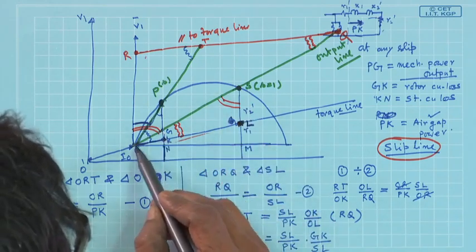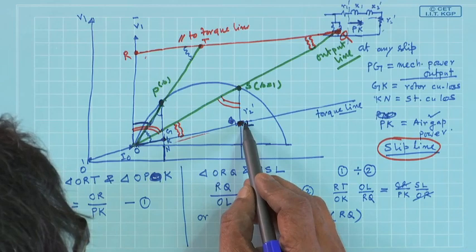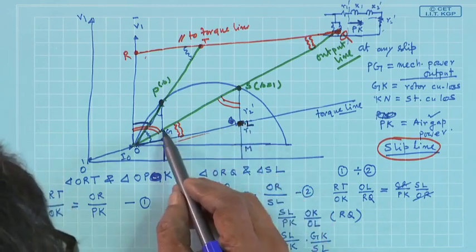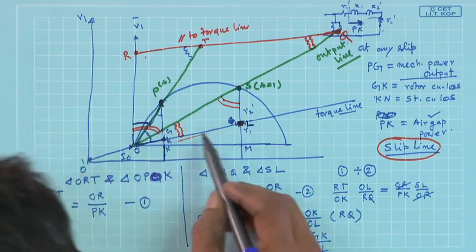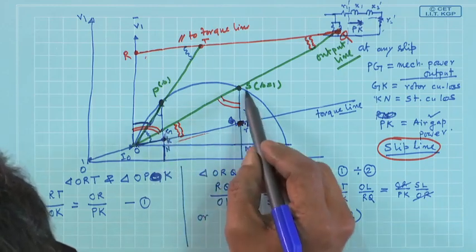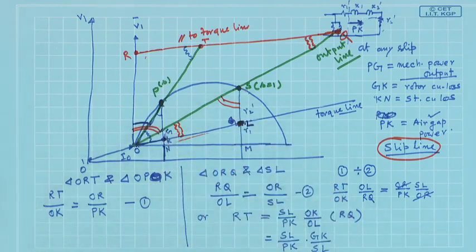So, this OK by OL will also be equal to GK by SL, and then SL goes and you are left with, of course, RQ is there, and this is equal to GK by PK into the length RQ.